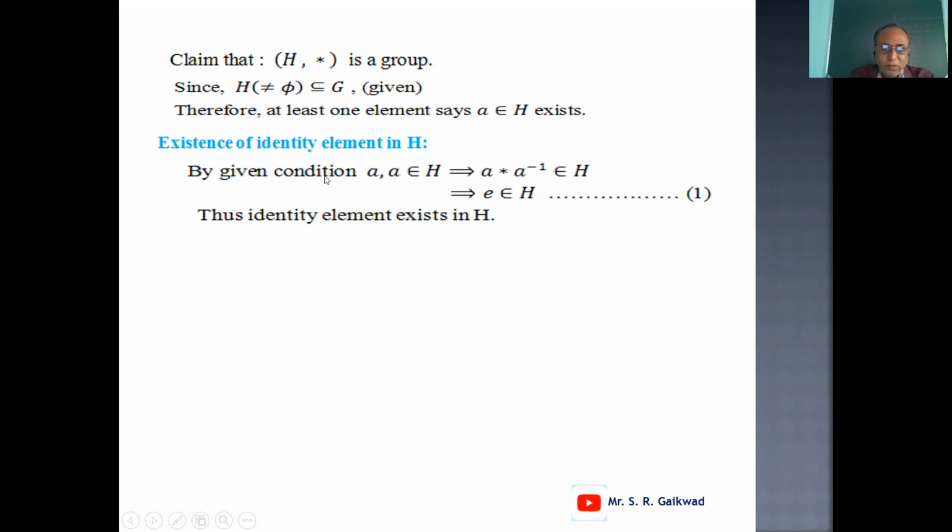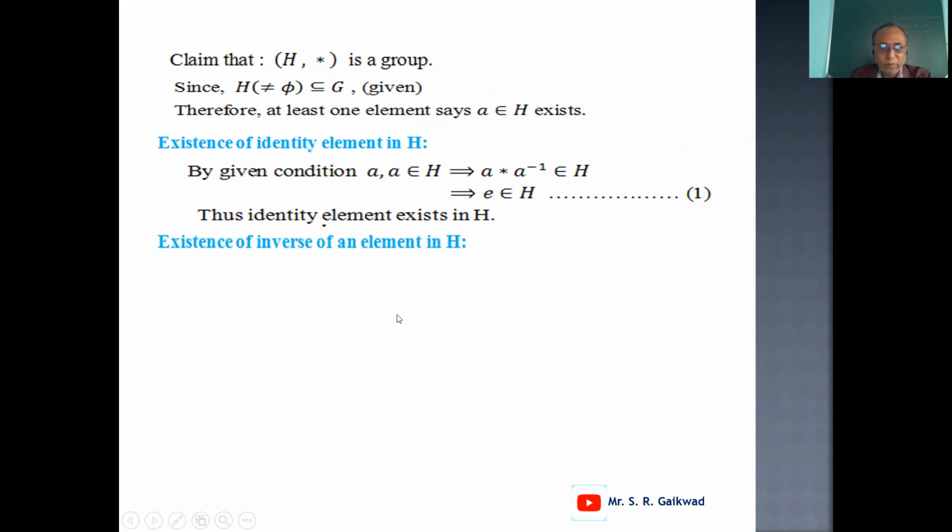By the given condition, a belongs to H, so we can take a, a belonging to H. It implies that the first element star the inverse of the second element also belongs to H. It means a star a inverse belongs to H. But the value of a star a inverse is the identity element, and therefore e belongs to H. It means the identity element exists in H.